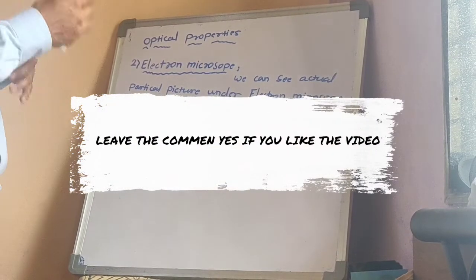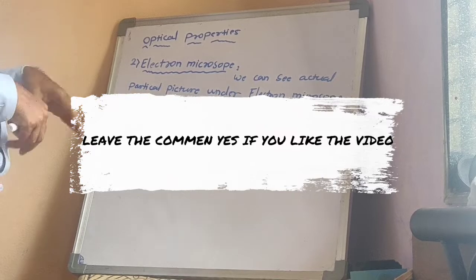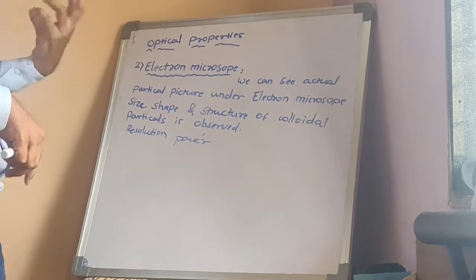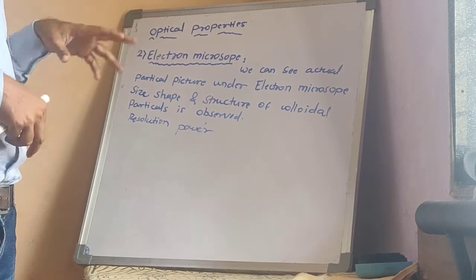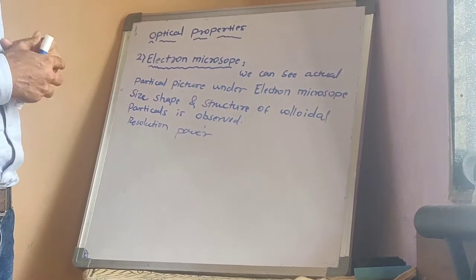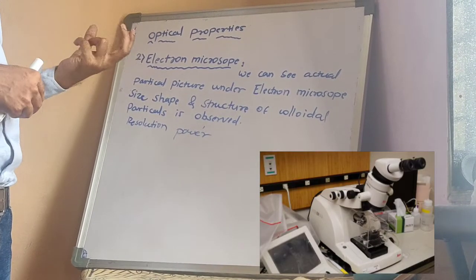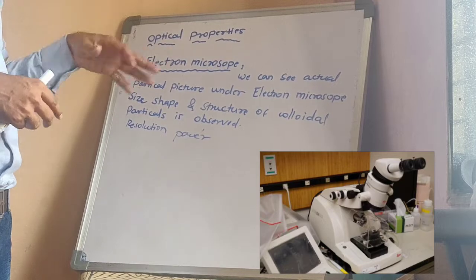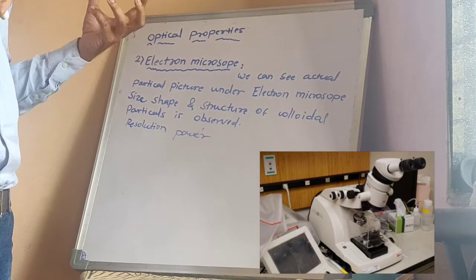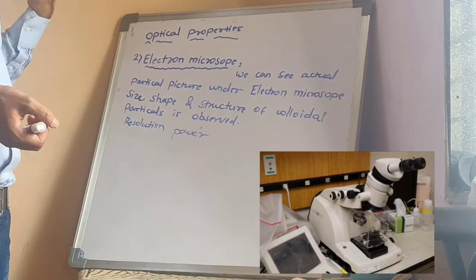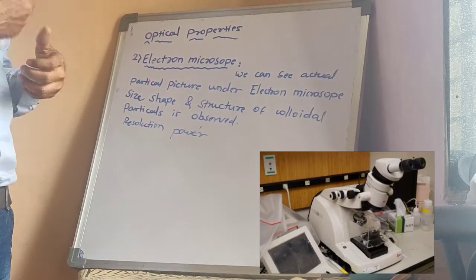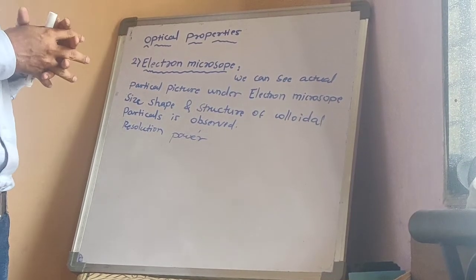The next optical property is the electron microscope. With the help of the electron microscope, we determine the particle size, shape and nature of the particle. The main application of the electron microscope is its magnification power or resolution power.